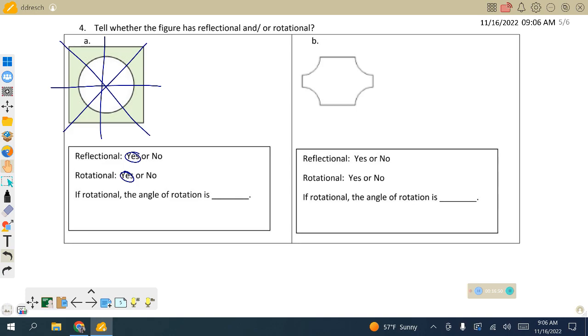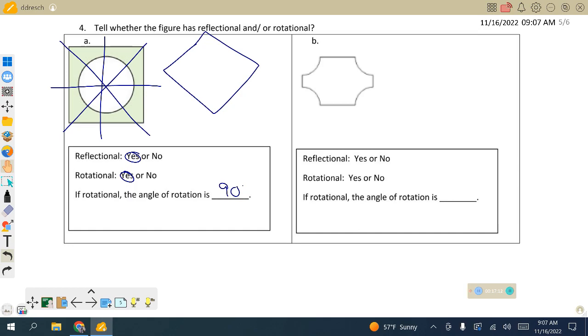I think it's got to be 90. Because a 45 is going to put it on its side like that, okay? A full 90 does rotate that correctly. So the angle of rotation on this one is 90 degrees then.